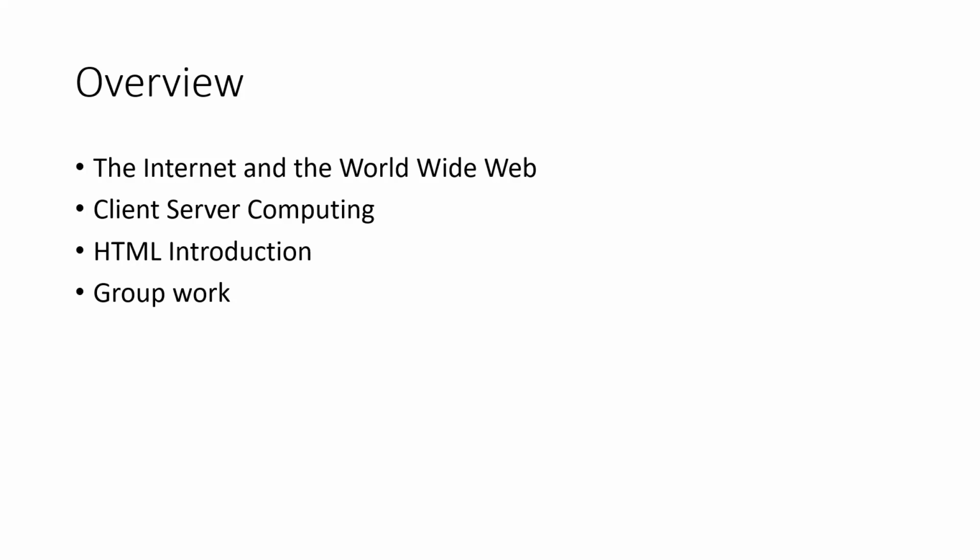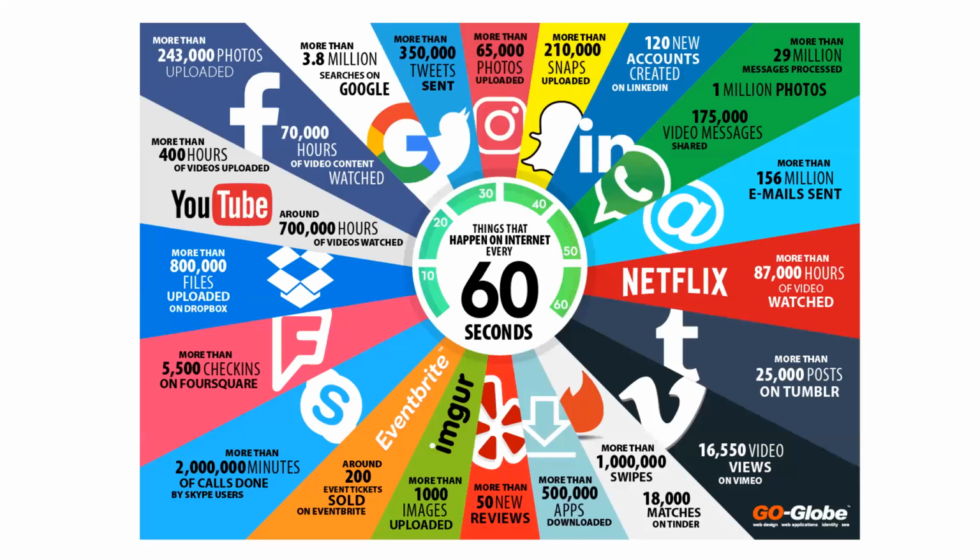So having said that, if you move on to the next one, I took this two years back when I first prepared the slide. I have not updated much. So this is what is happening on the internet every 60 seconds according to Go Globe, visually.